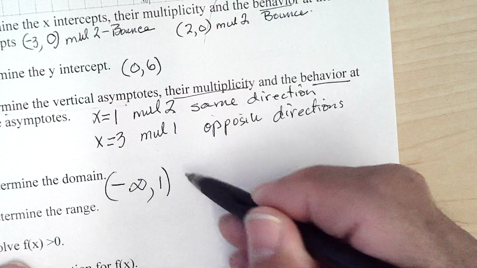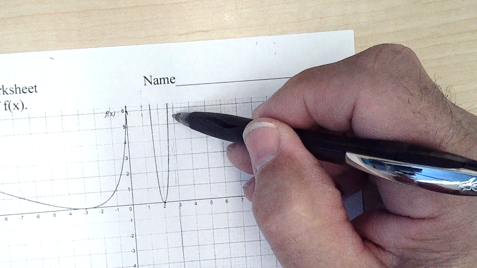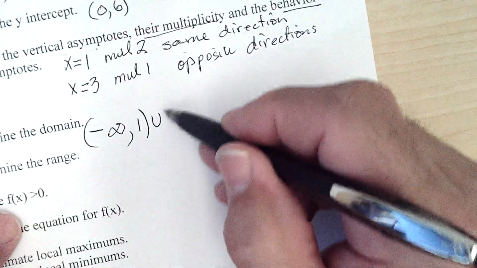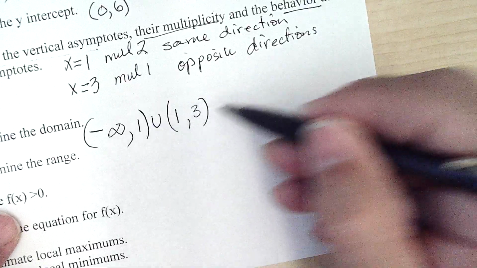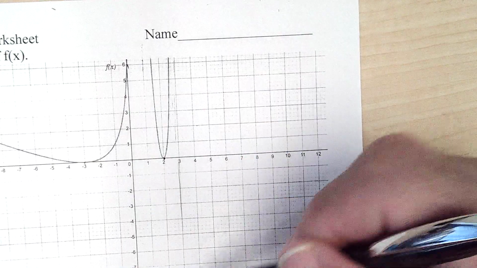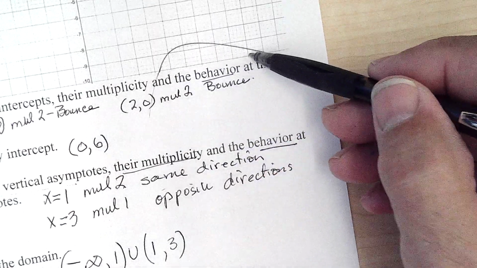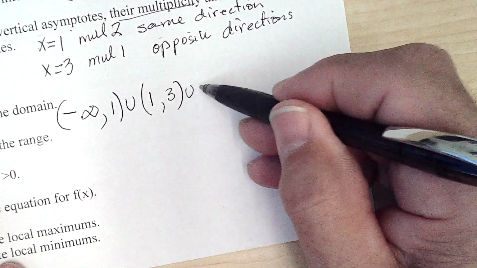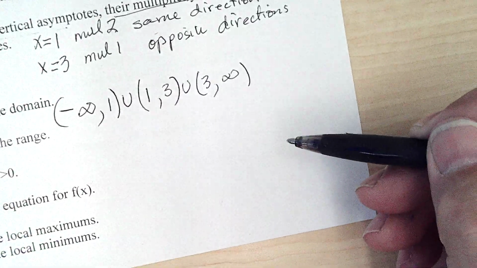Doesn't exist at 1. Then between 1 and 3, there's a graph. So for x's 1 to 3, not including 1 and 3, that's why the parentheses, there's a graph. And then there's a graph from 3 on to infinity.